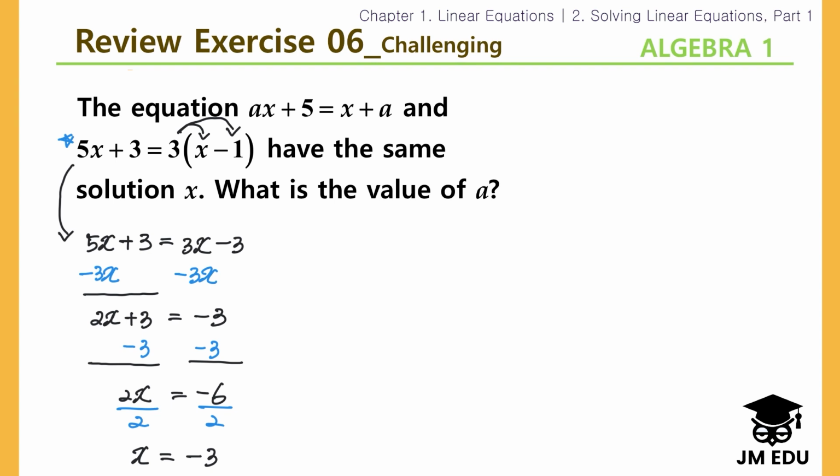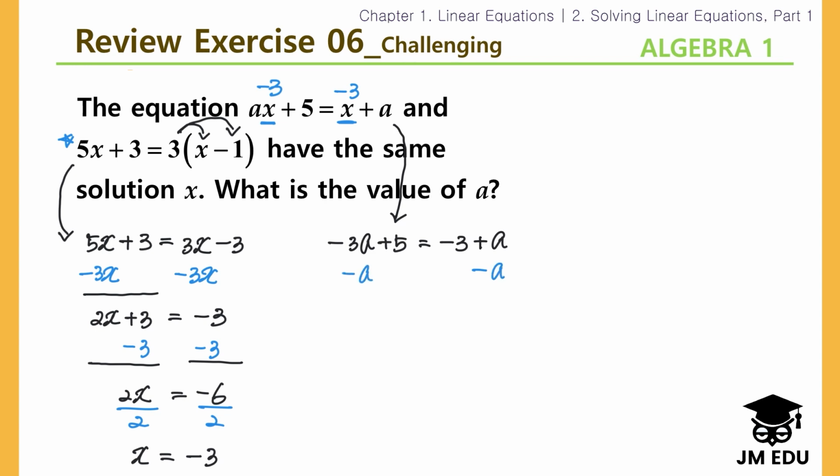So, substitute that negative 3 for this x right here in the first equation. Negative 3 here, negative 3 here. Then this equation right here is going to be a times negative 3, that's negative 3a, plus 5 is equal to negative 3 plus a, right? So let's eliminate a on the right hand side by subtracting a each side.